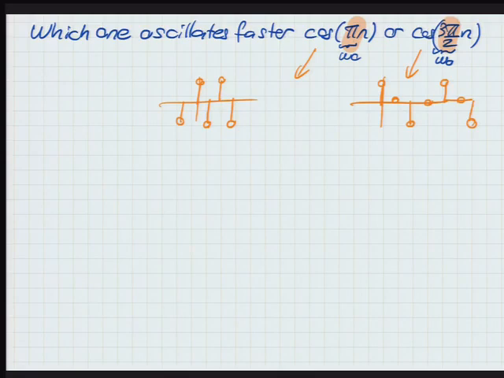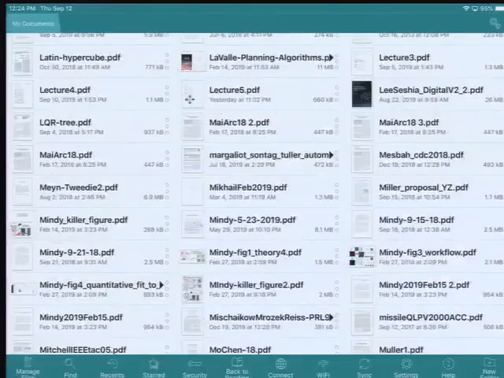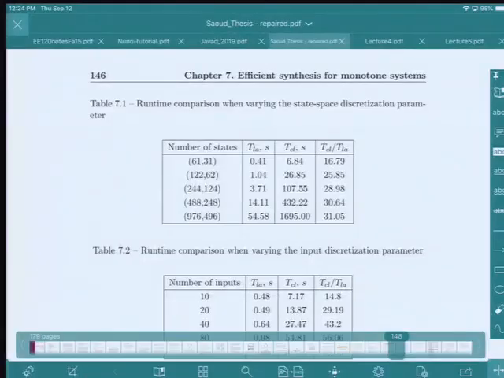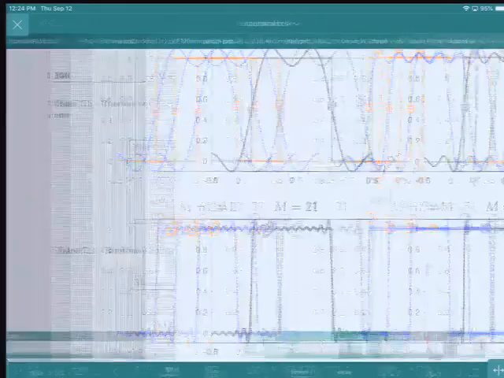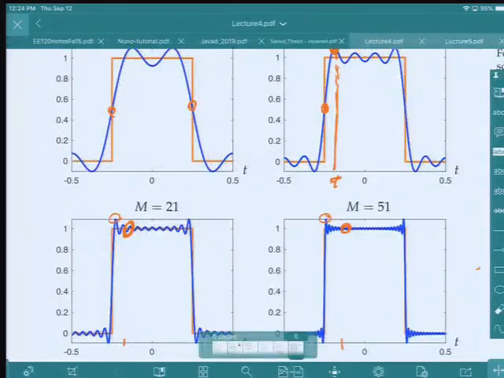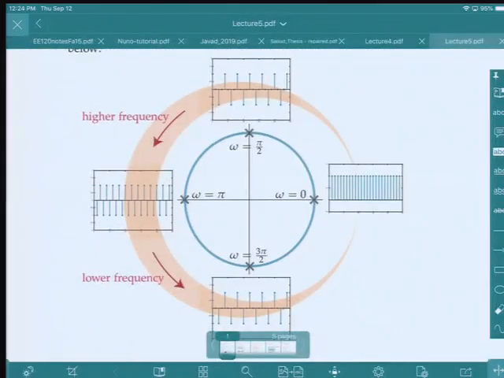Okay? So I have a pretty picture in the notes to visually convince you of that. This is basically a hacked version of the plot that I showed you earlier. Yeah, here. So this is my pretty picture for why pi is the highest frequency.